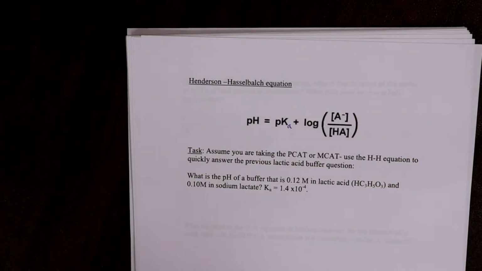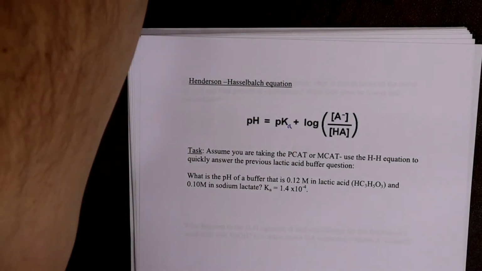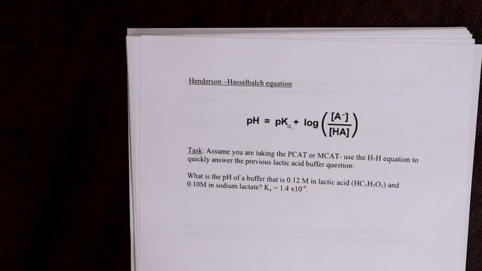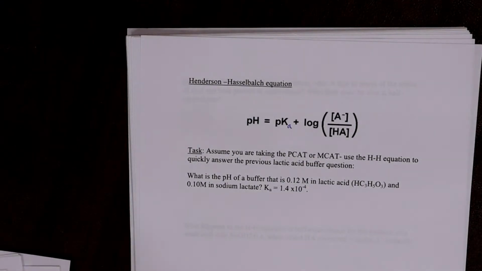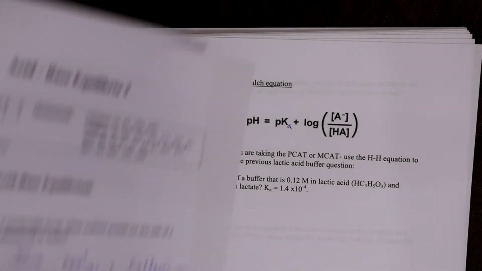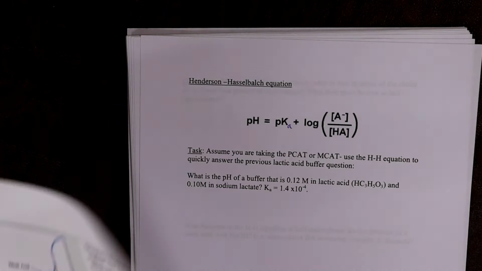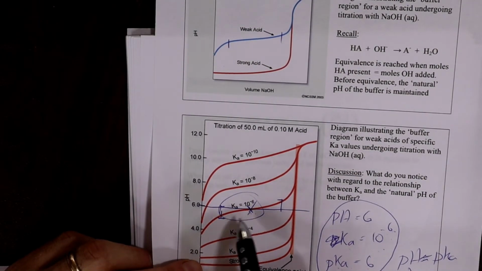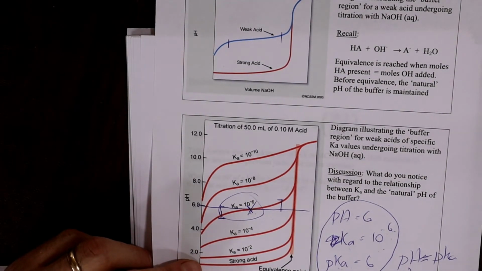Now, that half equivalence thing, if you remember that graph. Let's go back. pH equaled pKa exactly halfway across the buffering region. That means you've used up half of the HA to make A minus.